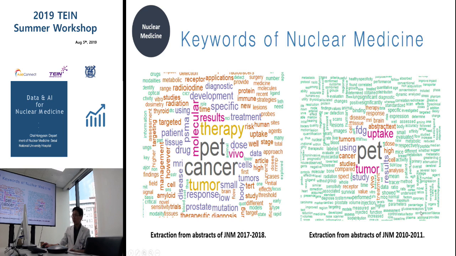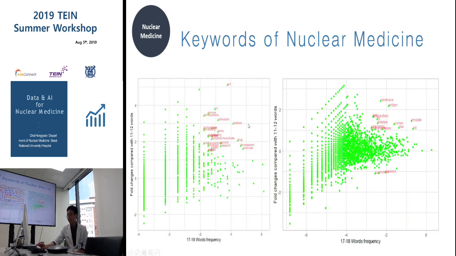And all other words were found at very low frequency. However, nuclear medicine fields have enlarged. The fields became much bigger than previously. So we deal with several types of new PET tracers, such as PSMA, and molecular means molecular imaging, and we deal with therapy, maybe related to theranostics.